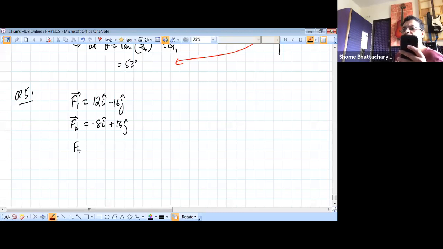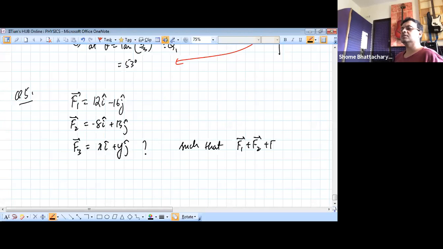Now the force F3 we have to find out. So let us say it is some x i cap plus y j cap. We have to find this out such that the resultant of the forces is 0. So F1 plus F2 plus F3 should be 0. So let's just sum up the forces.